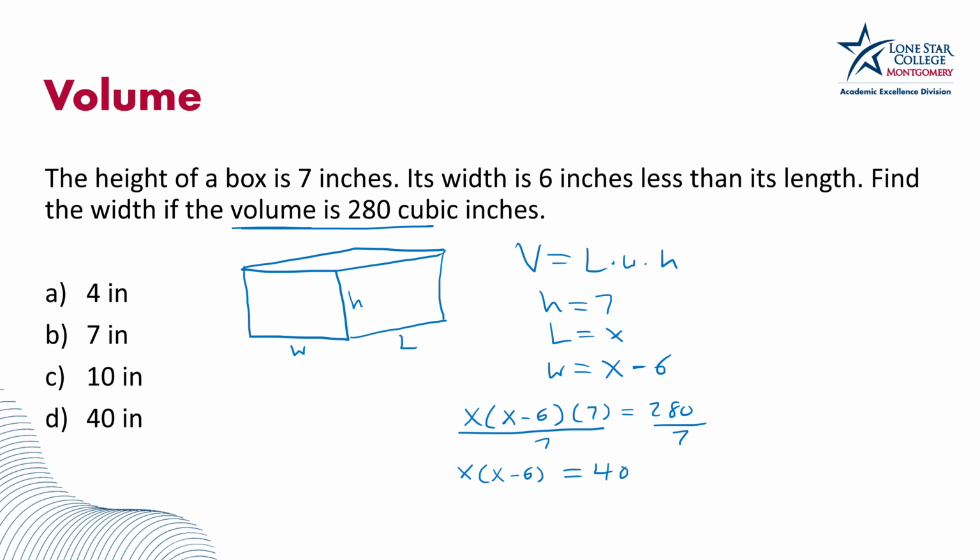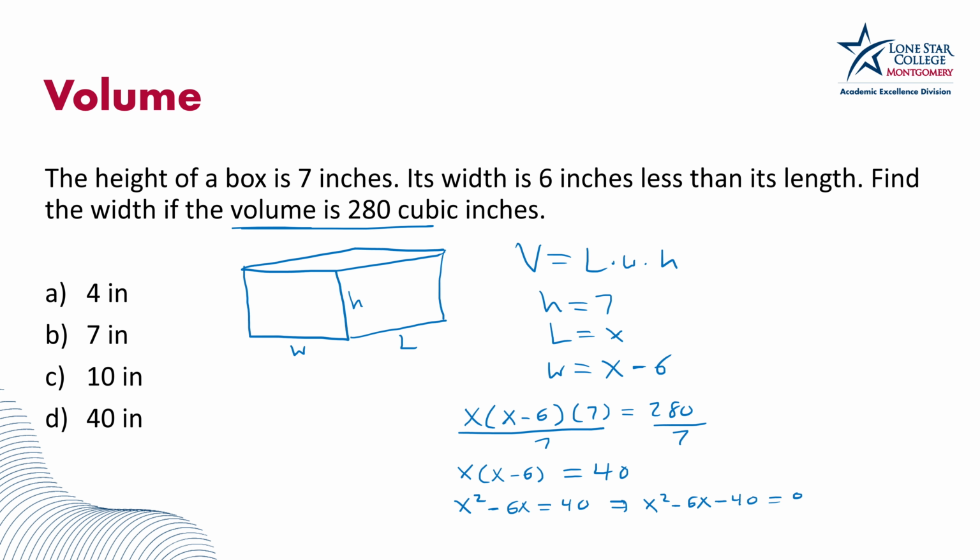And then we can distribute the x. So x times x is x squared, and x times negative 6 is negative 6x. So we're dealing with a quadratic equation. So let's subtract 40 over to the left-hand side. That would give us x squared minus 6x minus 40 equals 0.